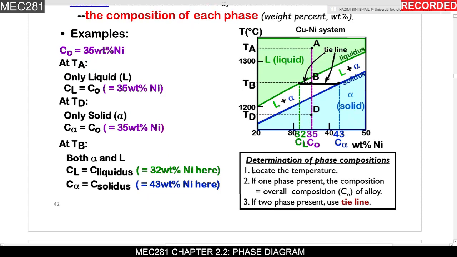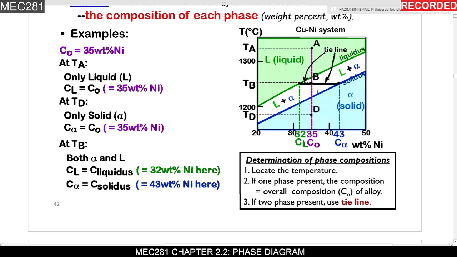First, locate the temperature. Second, if one phase is present, the composition equals the overall composition of the alloy. Third, if two phases are present, use the tie line. This one is the tie line. This is how you write the answer if the point is found in the two phase region.